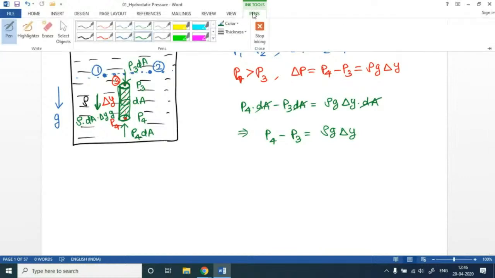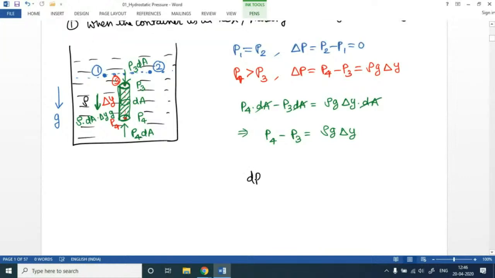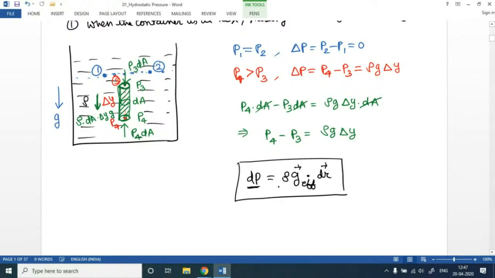That equation is simply dP, the small pressure variation between 2 points, that would be simply rho times g effective dot dr. So we will be learning how to use this expression. This simply says pressure will increase if the displacement is along the direction of g effective.